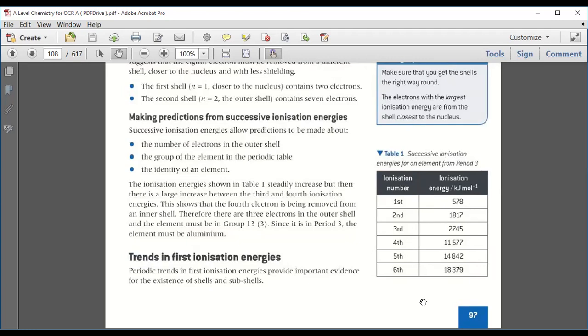Now the group will become 13. Got it? So the element is aluminium. Hence we find the group and identify aluminium just by looking at the ionization energy.